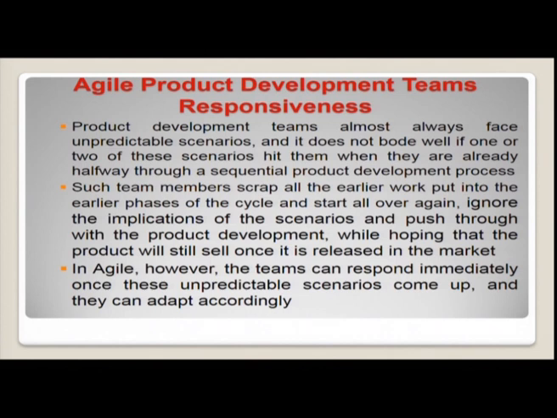Such team members scrap all the earlier work put into the earlier phases of the cycle and start all over again, or ignore the implications of the scenarios and push through with the product development, while hoping that the product will still sell once it is released in the market.